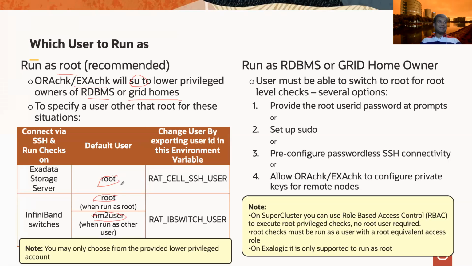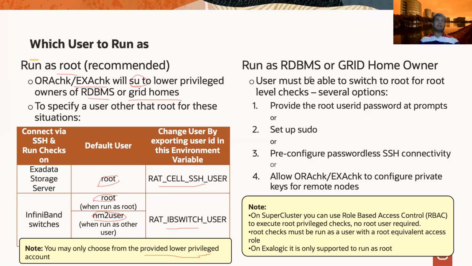You can override these settings by setting the RAT_CELL_SSH_USER and RAT_IB_SWITCH_USER environment variables if you want to override the default user, because it depends on what you have created your environment using. And obviously, when you specify these two parameters, you can only provide lower privilege accounts. You cannot specify root. So by default, run it as root and it will sudo to the lower privilege accounts when it needs to run something.